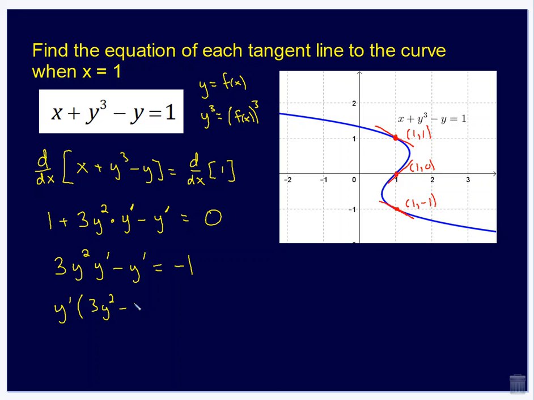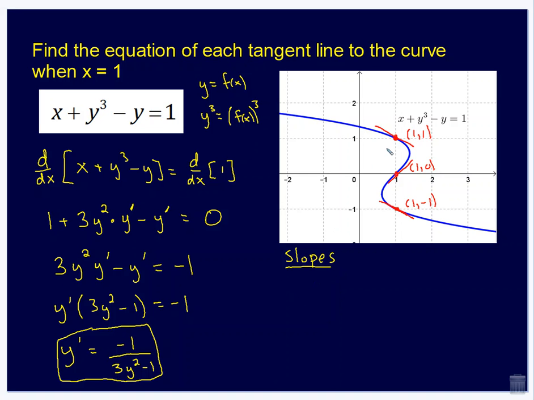And don't forget to leave minus 1 here equals negative 1. So my derivative y prime is negative 1 over the quantity 3y squared minus 1. So I'm just going to circle that, even though that's not the ultimate thing I wanted to have here, but it's an important piece. So now we want to work out the slopes next.